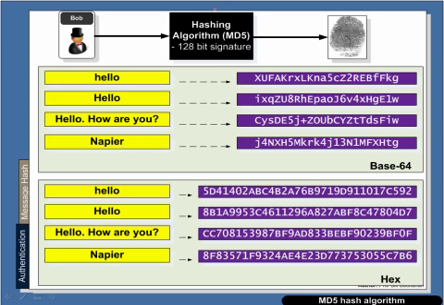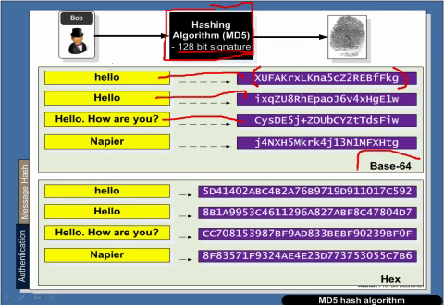One of the first techniques he came up with was the MD5 algorithm, and with this he created a 128-bit signature. And then when a message is put into the MD5 algorithm, we see here that we get the same size of signature no matter how much data has been entered.